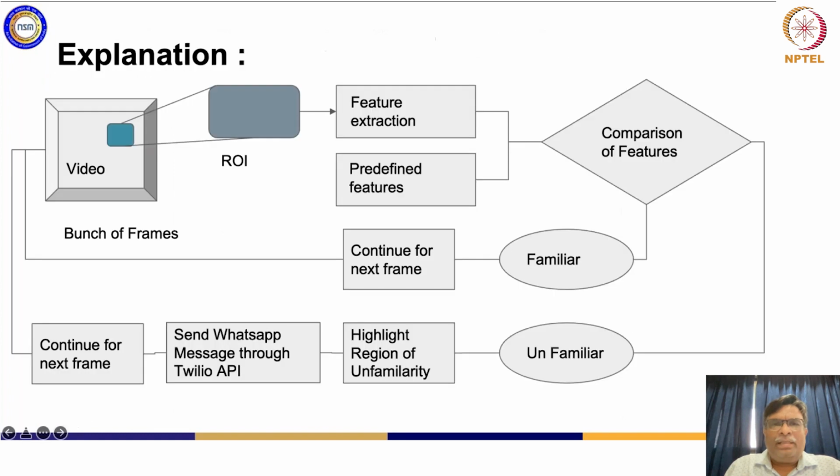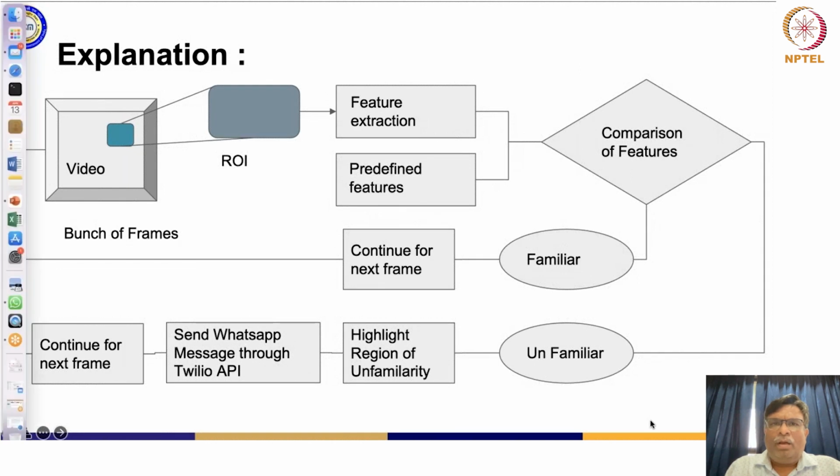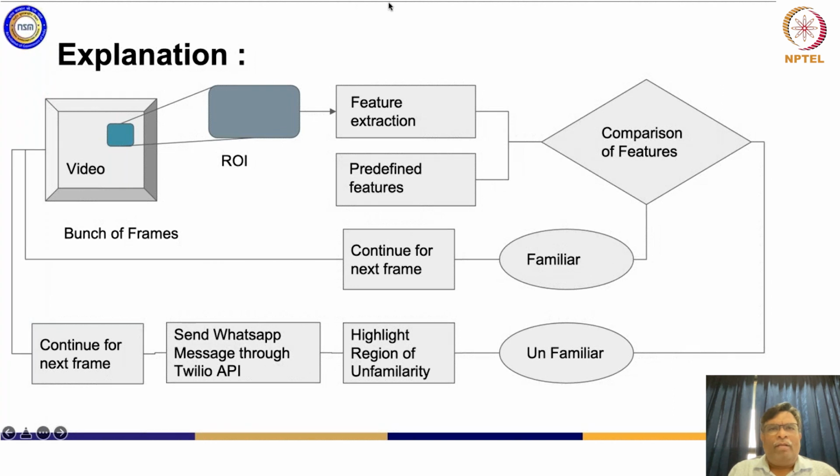So the next thing is trying to understand how we develop such systems. The idea is whatever we have discussed till now, we have this total gist of whatever we have discussed. You have this video, and inside this video there will be a bunch of frames. Then you have to find out the region of interest.